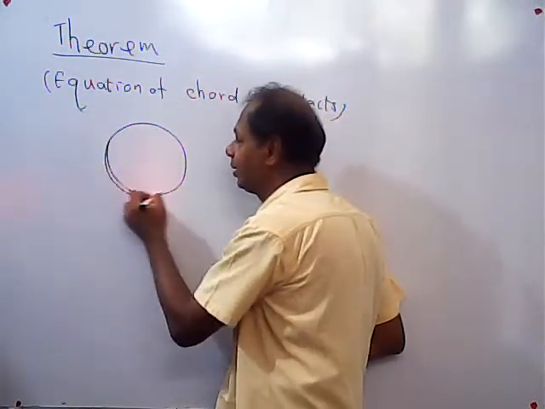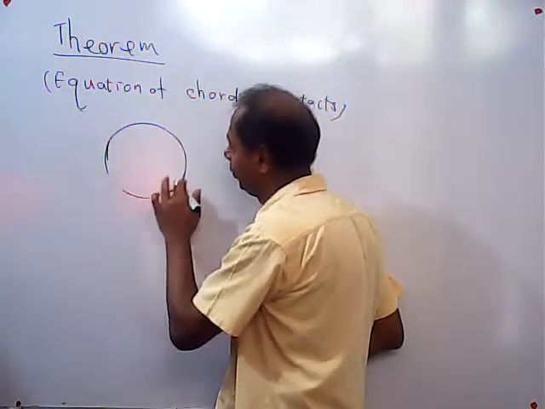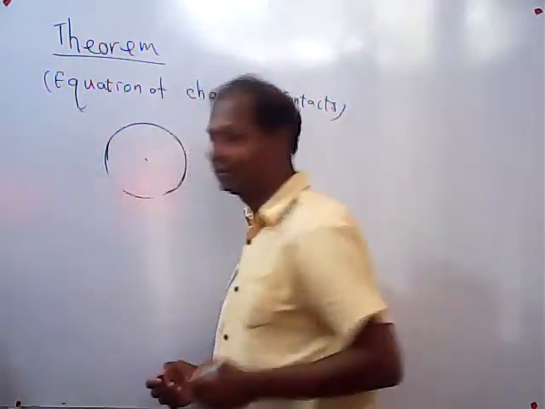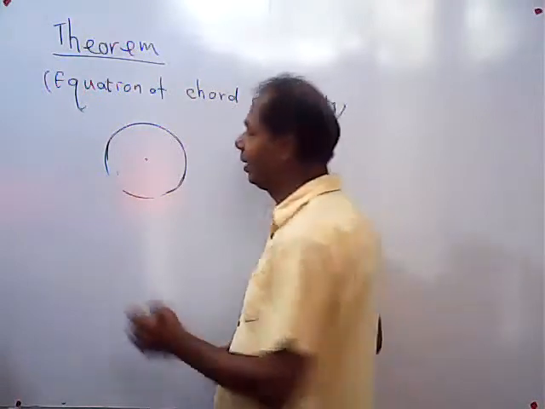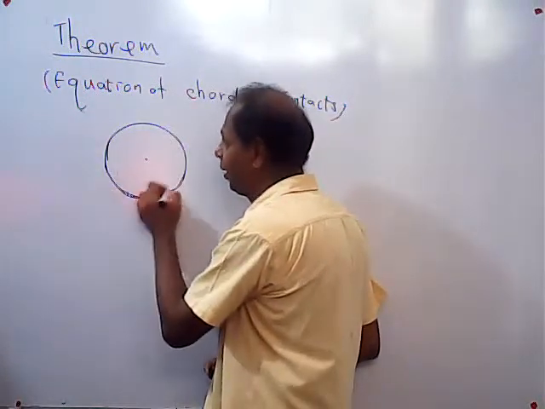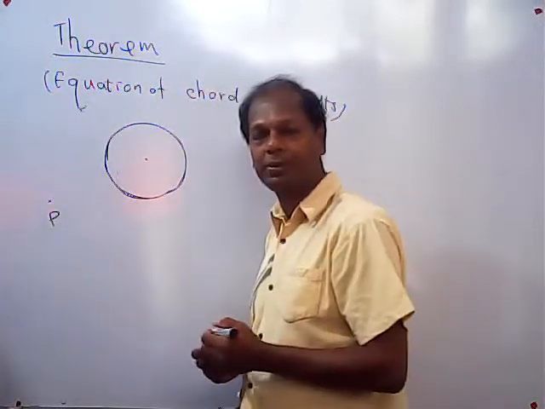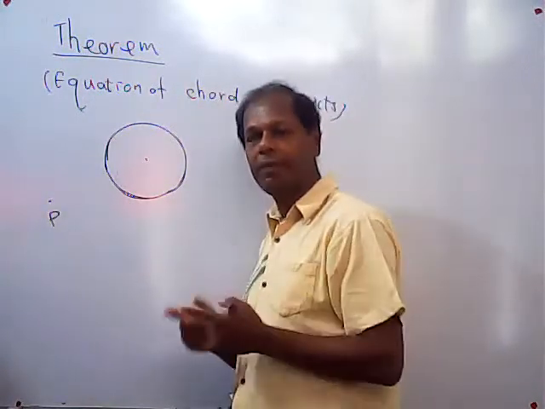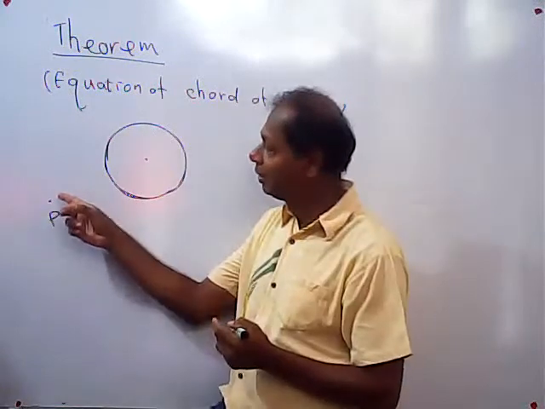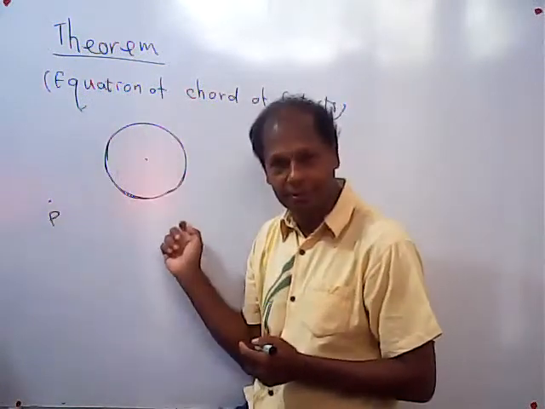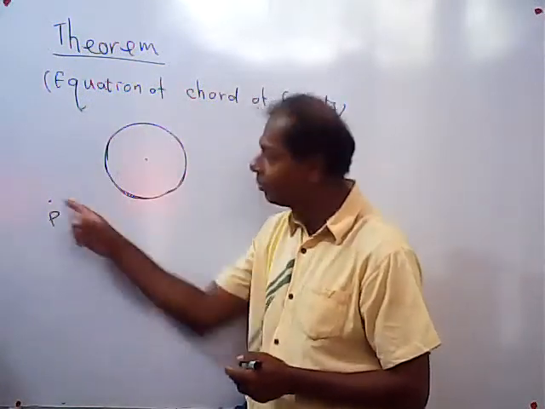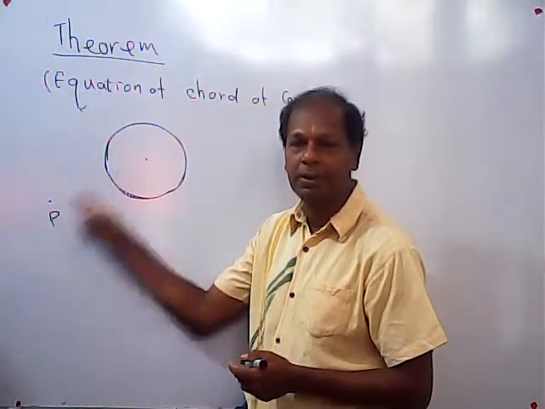You are given a circle, right? And a point outside the circle, say some point P outside the circle. Last day we have seen that you can construct two tangents from this external point to the circle.